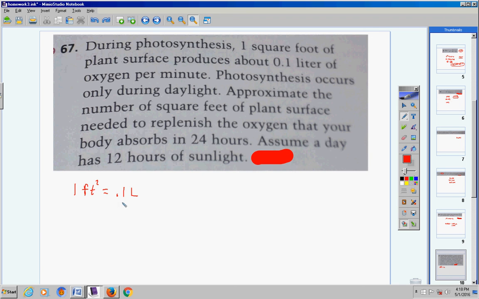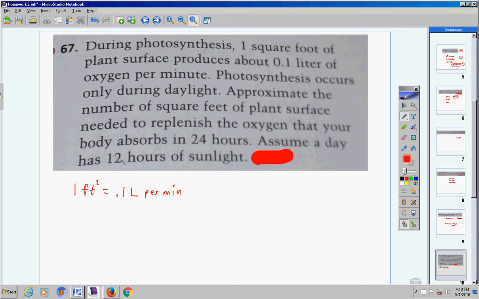Stop and think, okay? 1 square foot of plant surface produces about this much oxygen per minute. So this is per minute. So in 1 minute, your square foot of plants will give you that much oxygen. But guys, students, men, ladies, dudes, that's only for half a day.